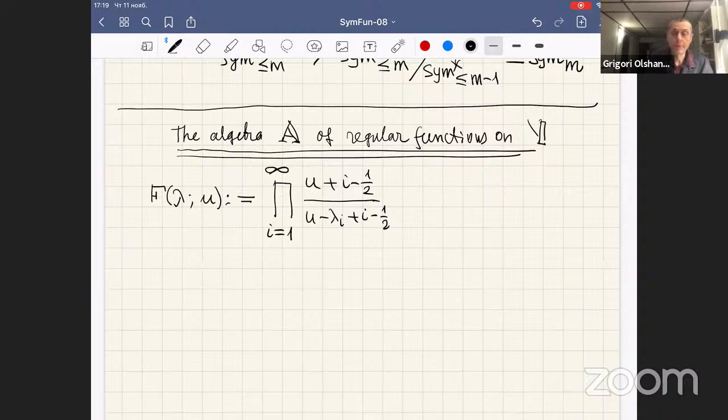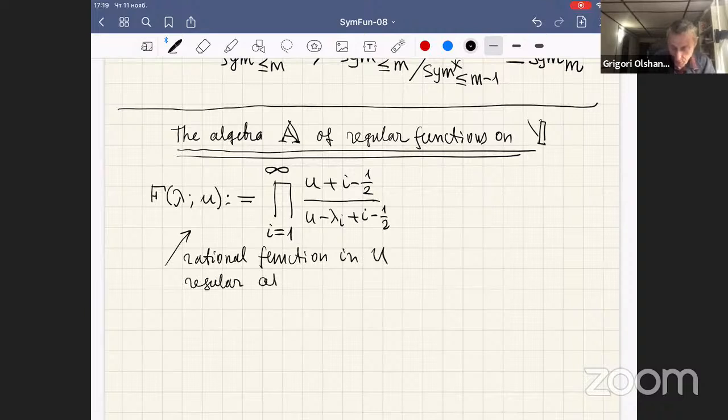And this is some rational function in the variable u. Moreover, it is regular at infinity, and even more, the value at infinity equals 1.